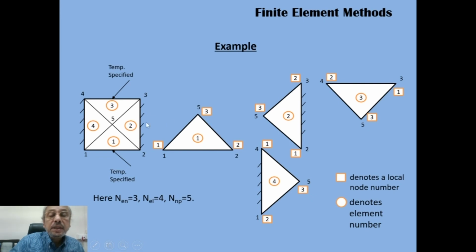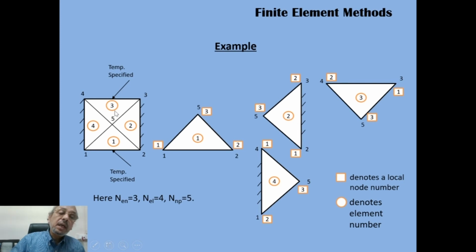Then we go to the second element. Again, the element circle denotes the element number. This is the second element, and for this second element the local nodes are 1, 2, 3, but the global nodes: this is global node 2. This belongs to this side. So basically this 2 is a local node, but its global identification is 3. Here, 3 is the local node number, but its global node number is 5.